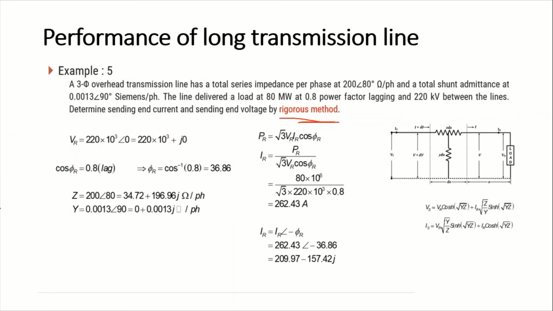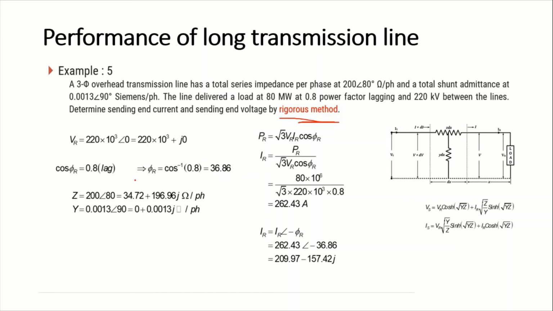Now the given data. The first one is the receiving end voltage, which is equal to 220 kV. So 220 into 10 raised to 3 and angle is 0. It can be written in rectangular form like this: 220 into 10 raised to 3 plus j0. And the power factor is given: cos phi R is equal to 0.8, so phi R is equal to cos inverse 0.8, which is equal to 36.86 degrees.